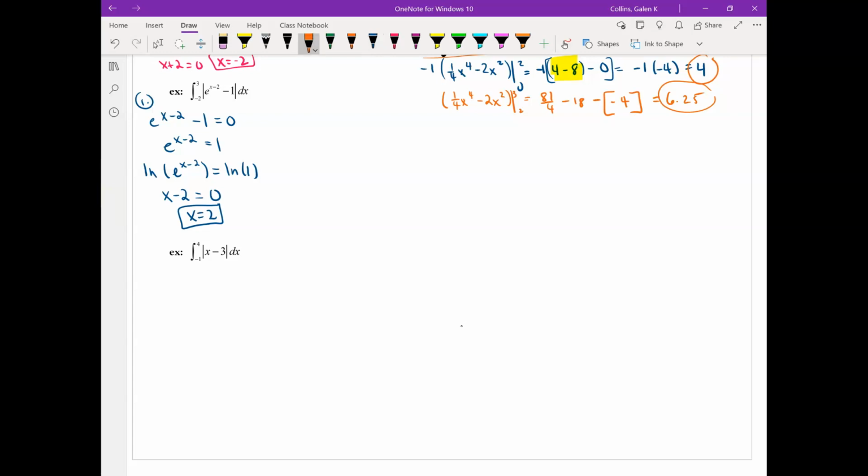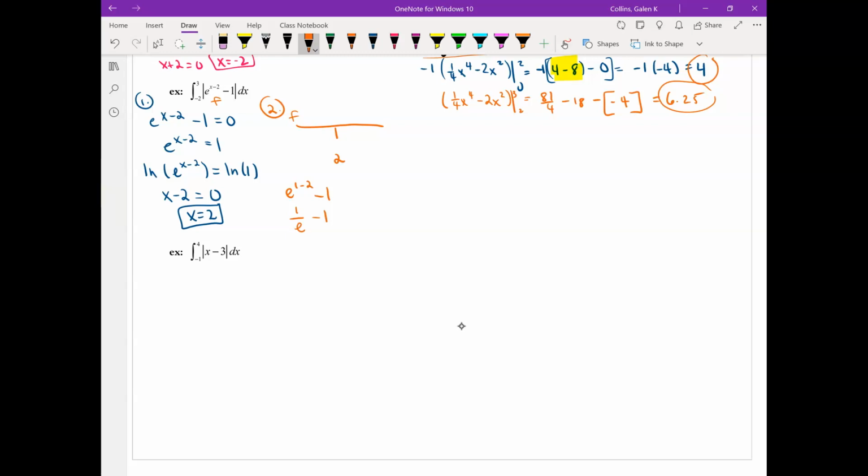All right, that's going to make our number line step a little bit easier because we only have one thing to consider, and it's the number 2. So when we consider this function, I'm just going to call it f. If I plug in a number to the left of 2, let's say I plug in 1, e to the power of 1 minus 2, all of that minus 1, is e to the negative 1 minus 1, or 1 over e minus 1.